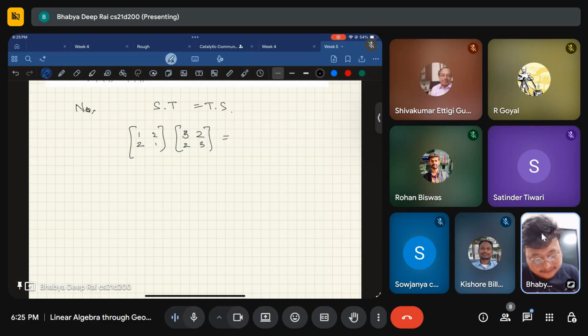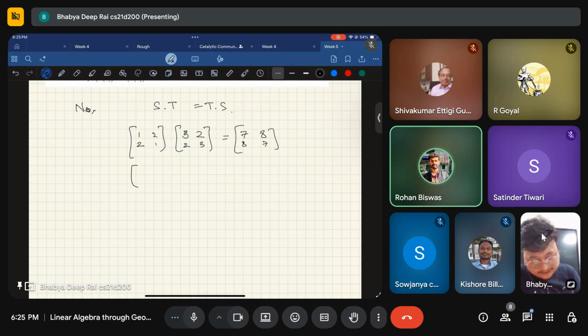So now what will this become? 3 plus 4 is 7. 2 plus 6 is 8. 6 plus 2 is 8. 4 plus 3 is 7. Okay. Now let's do the other way around. 1, 2, 2, 1.